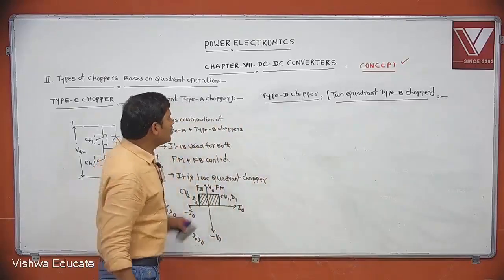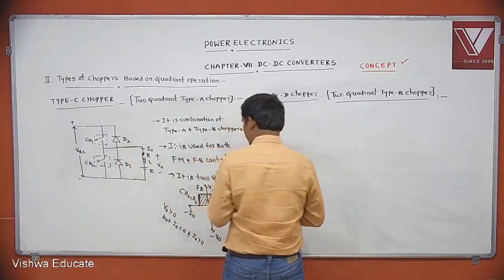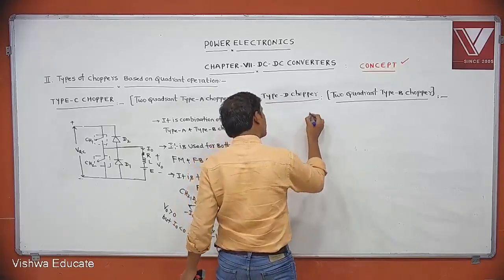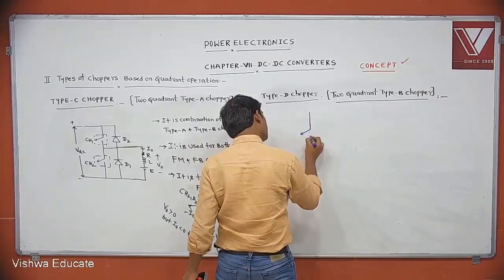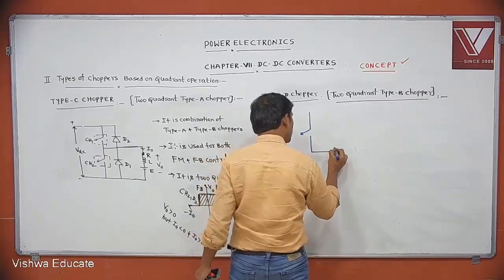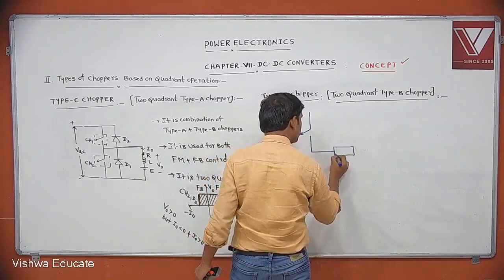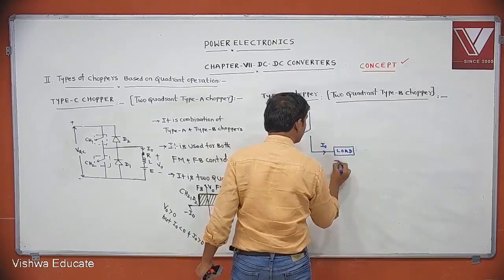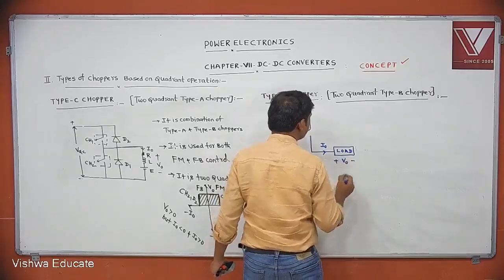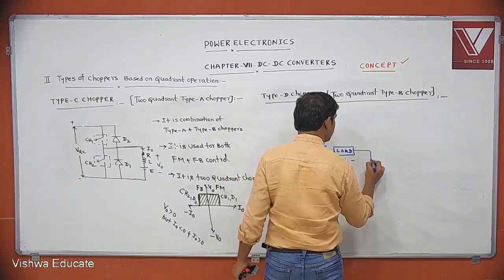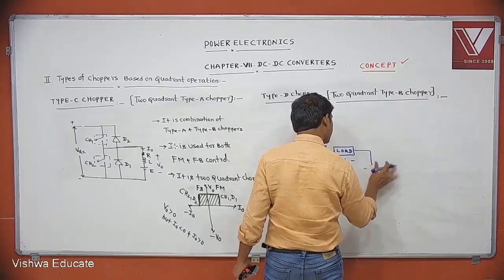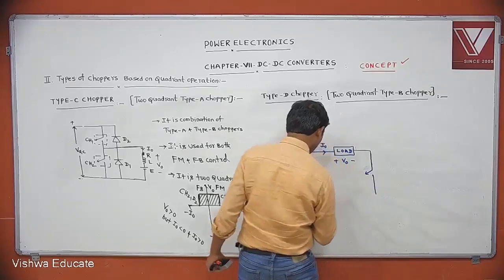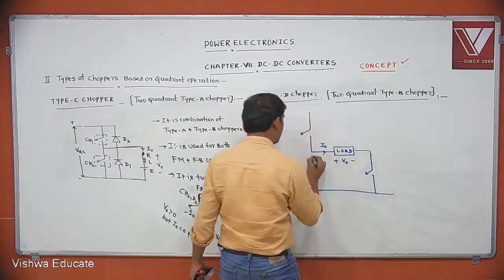Then what is the circuit we are using for type D chopper? This is the load. This is the assumed current direction. This is the assumed load polarity. This is the switch arrangement. These are diodes.